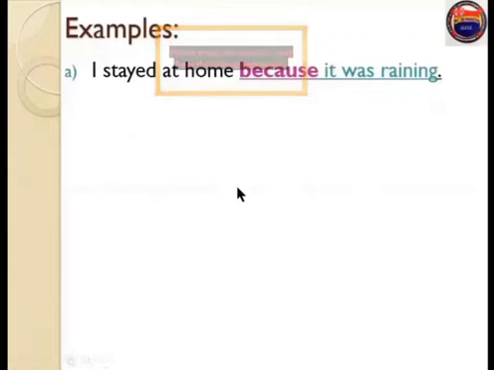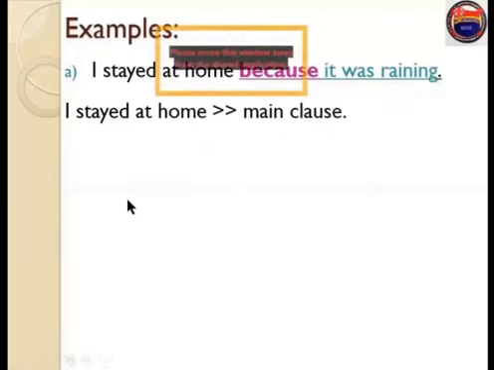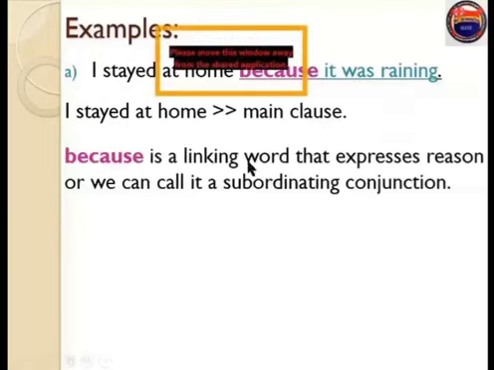Example one: I stayed at home because it was raining. So let's analyze this sentence. I stayed at home, this is the main clause. And because is a linking word that expresses reason, or we can call it a subordinating conjunction.